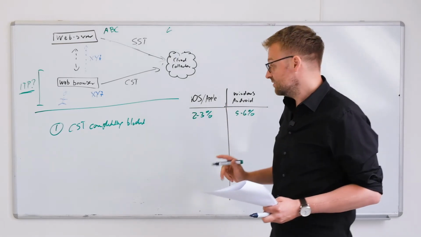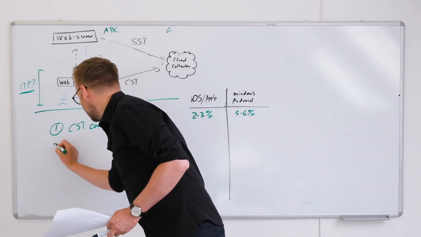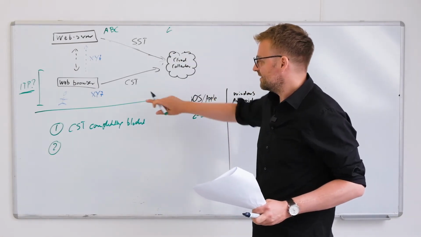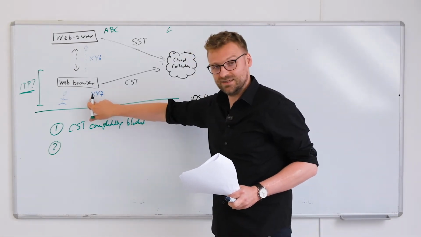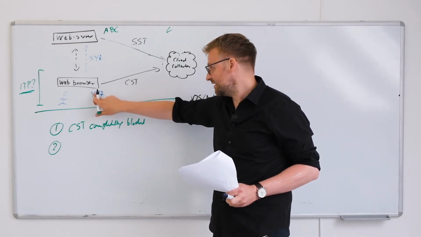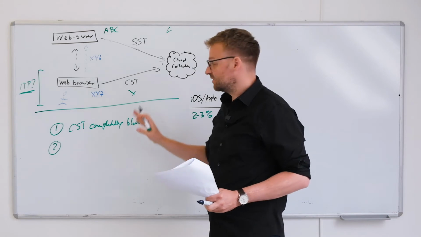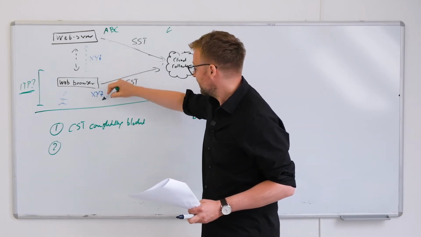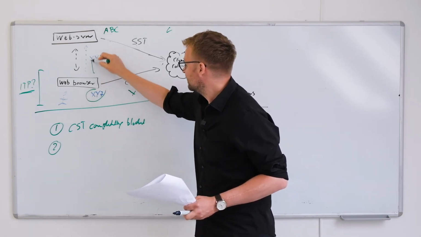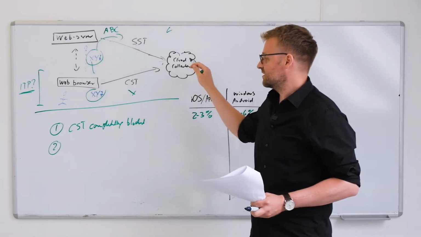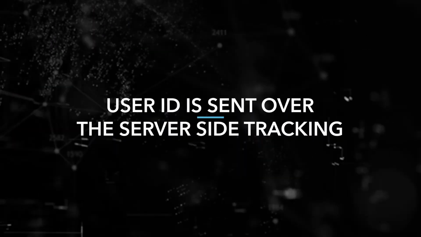The second issue is actually quite interesting. The cookie is set, so we have a client-side user ID, but we have no client-side tracking. So we get the client-side user ID over the server-side tracking, but not over the client-side tracking.